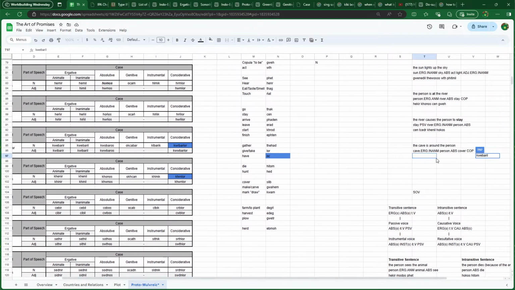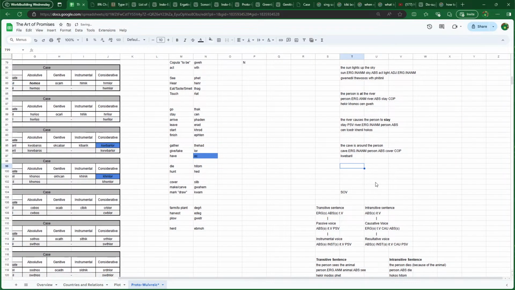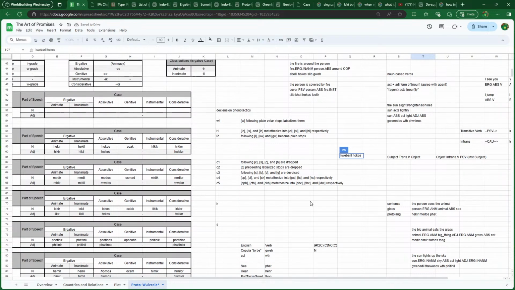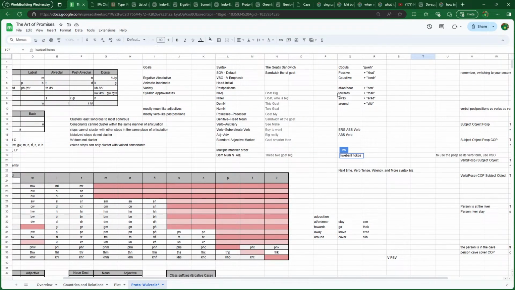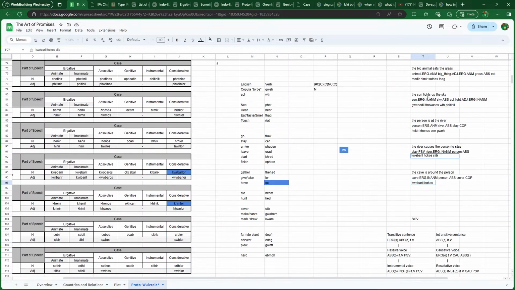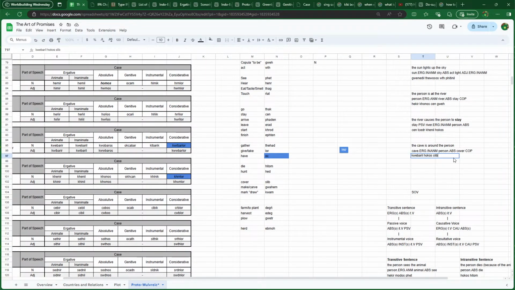And then hokos, around sleep. And then the copula, that's Gwe. Cool.